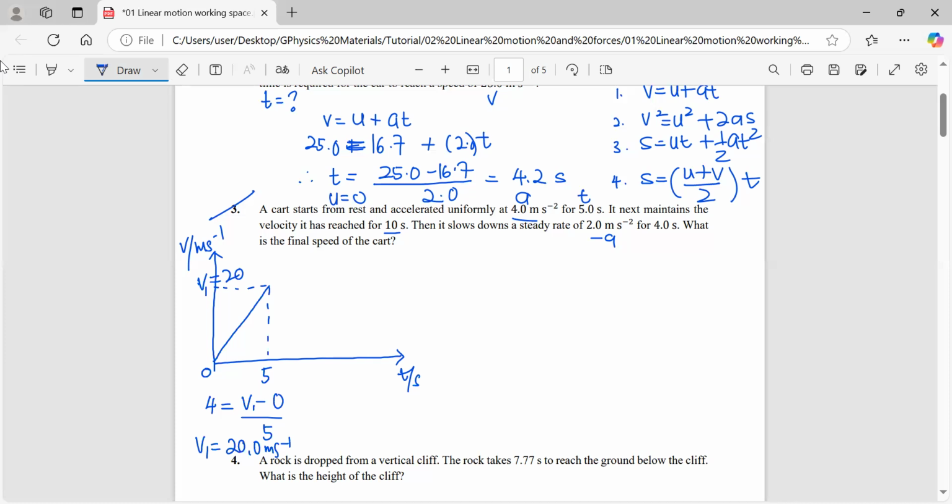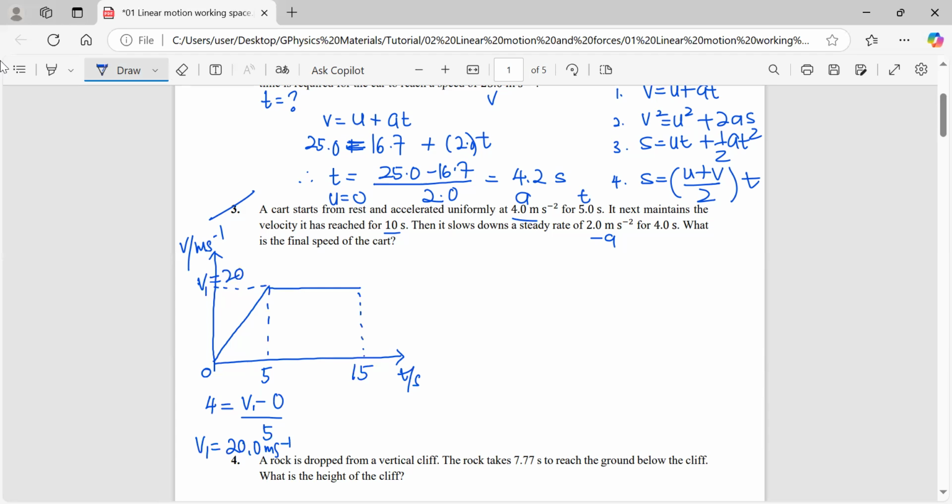First story, it next maintains the velocity it has reached for 10 seconds. So the velocity I reached, which is 20 meters per second, it maintains for 10 seconds. If this is 5, then this has to be 15. Done.